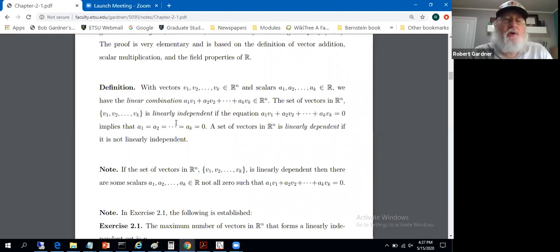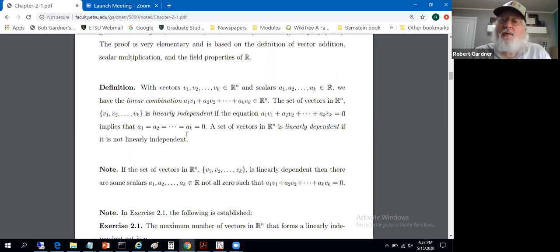The set of vectors in Rn, as given here, are said to be linearly independent. These are definitions. If the only time we get a solution to the equation a1 v1 plus a2 v2 and so on plus a sub k v sub k equals 0, that'd be the zero vector, I can tell from context, is when each of those scalars equals 0. That's the zero scalar, I can tell from the context.